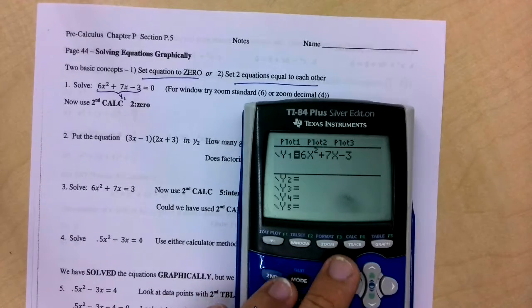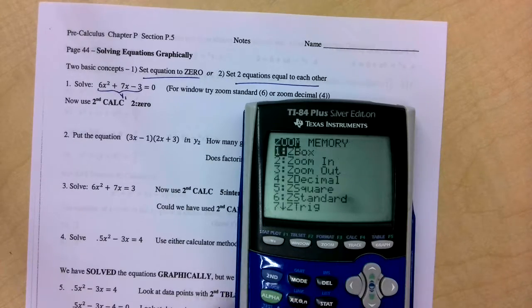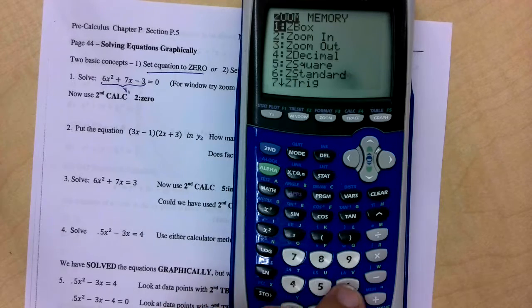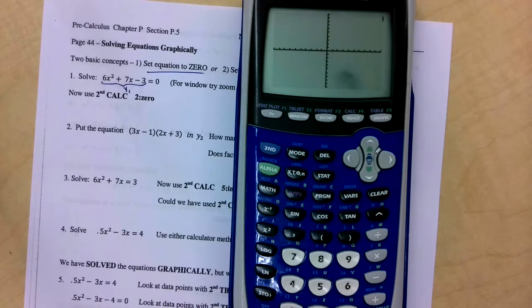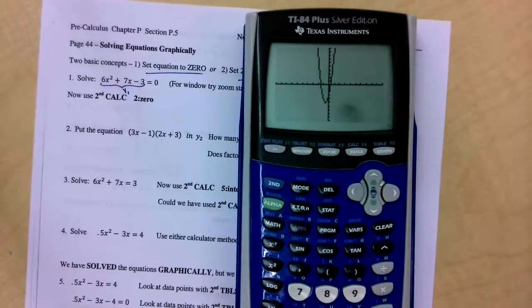And then a good thing to know about your graphing calculator is to always hit zoom and then option 6 for the standard view, just to make sure we get a good graph. So you can hit the number 6 and it will give you zoom 6, the standard view.